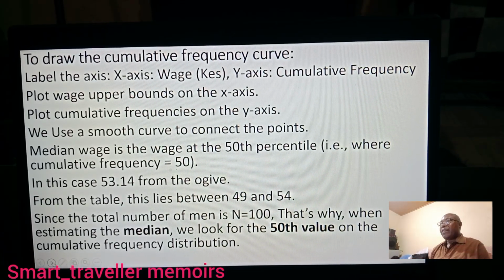Now let's come to C. Draw a cumulative frequency curve and estimate the median. We are going to do exactly that by first building the cumulative frequency table.